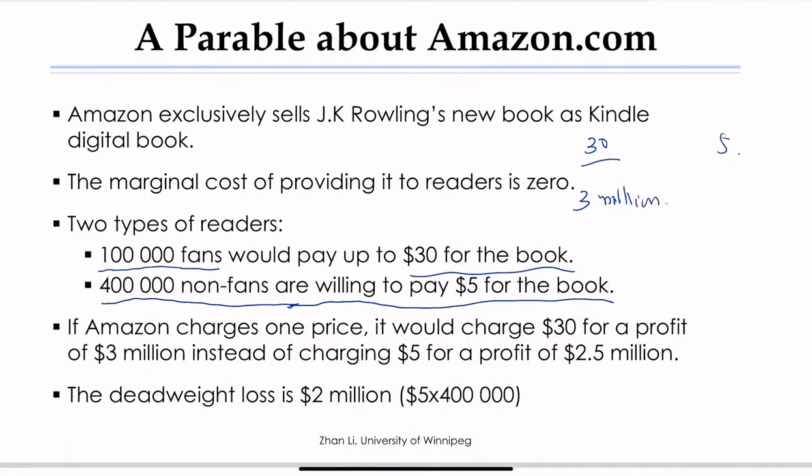Let's say now you would instead want to set a price of $5. In this case, you will have both fans and non-fans buying your book. So you can sell more copies, but you have to sell these copies at a much lower price. In this case, you will earn 5 times 500,000, so this gives you $2.5 million.